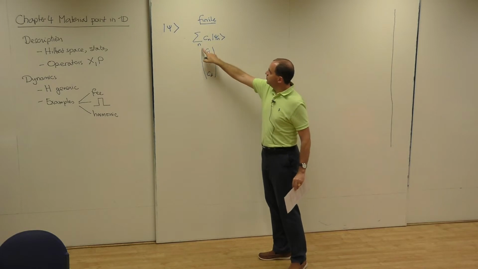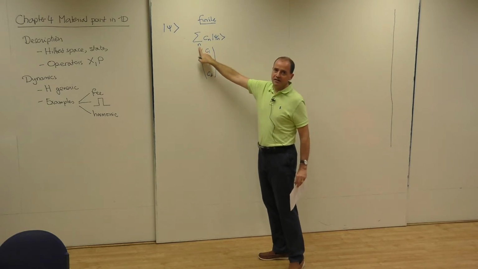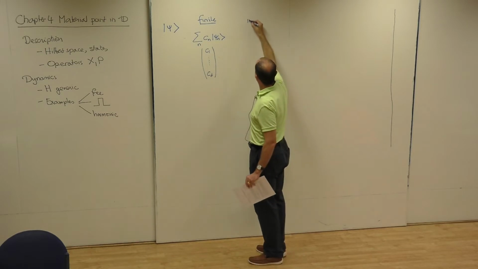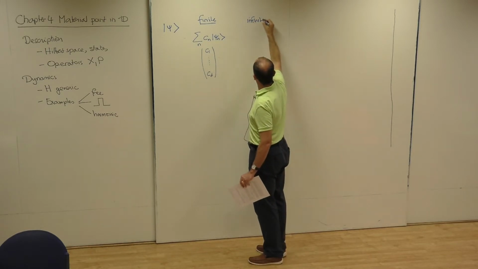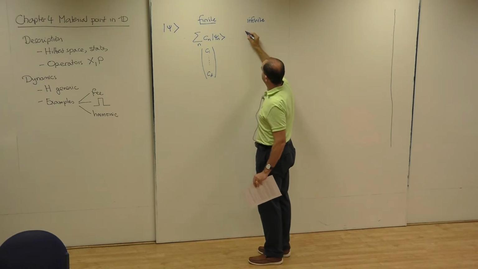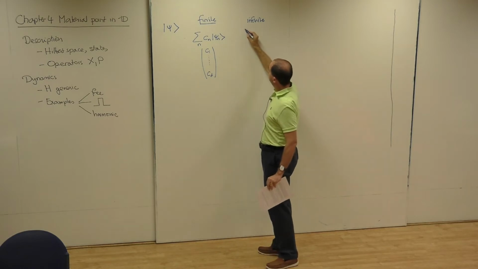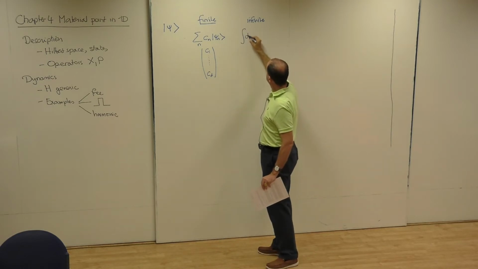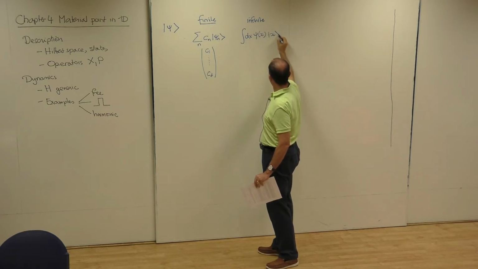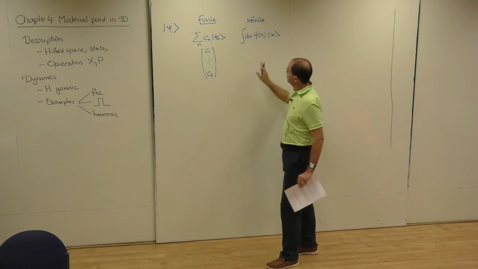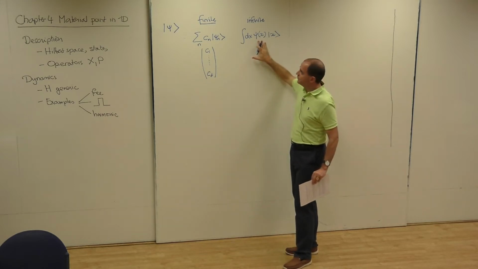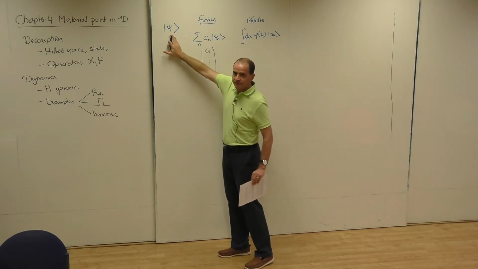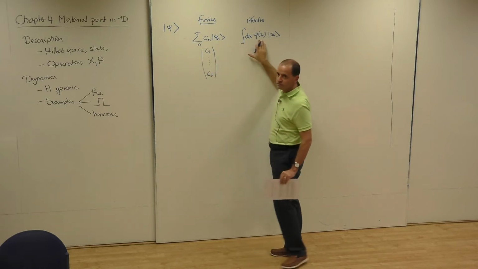Therefore, I will not be able to label position by an index n that is countable. Instead, the state written in position will look like this. So with a function. So to a state, there corresponds a function.